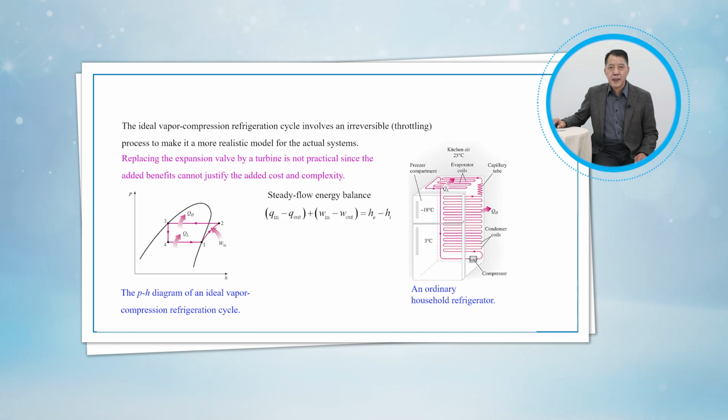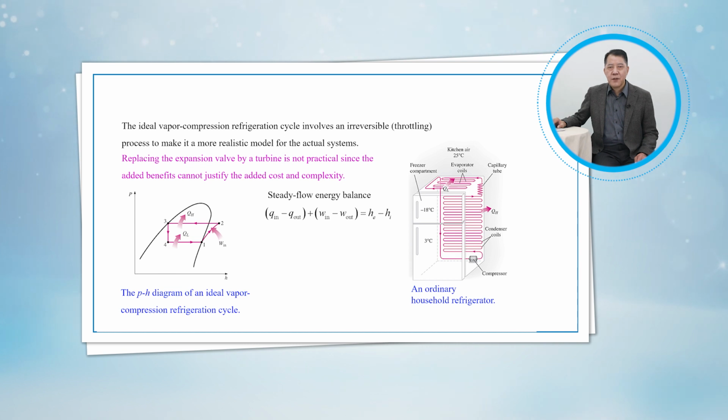All 4 components associated with the vapor compression refrigeration cycle are steady flow devices, and thus all 4 processes that make up the cycle can be analyzed as steady flow processes. The kinetic and potential energy changes of the refrigerant are usually small relative to the work and heat transfer terms, and therefore they can be neglected.